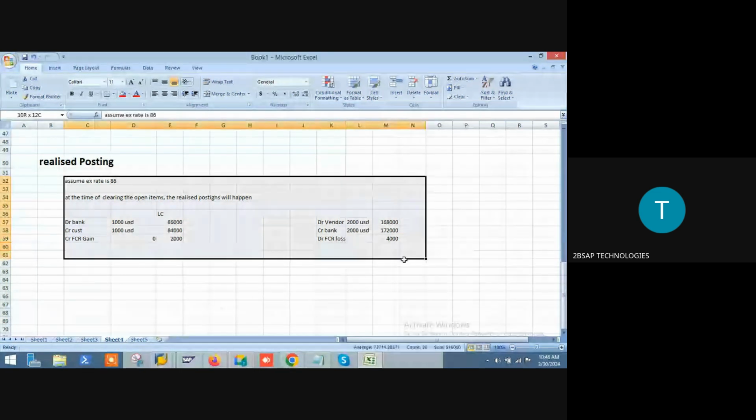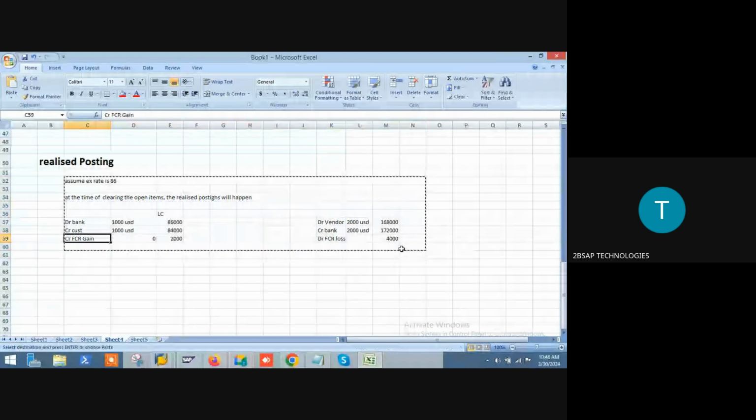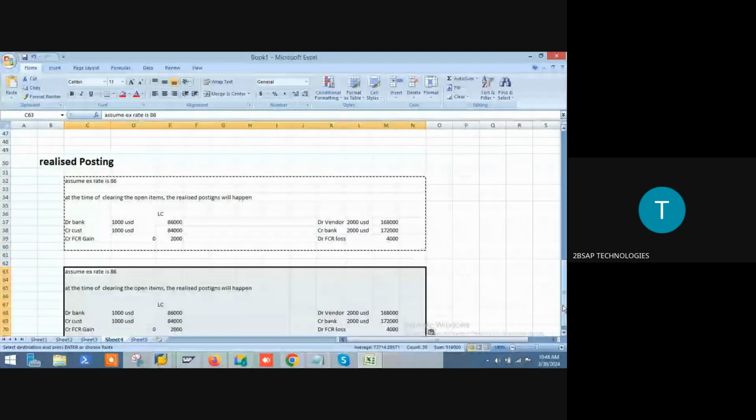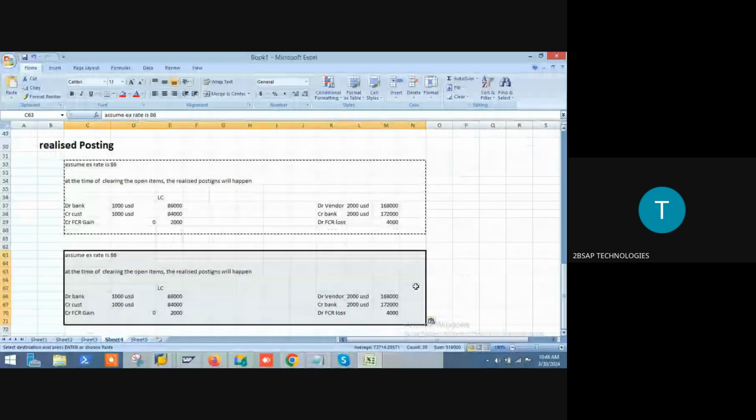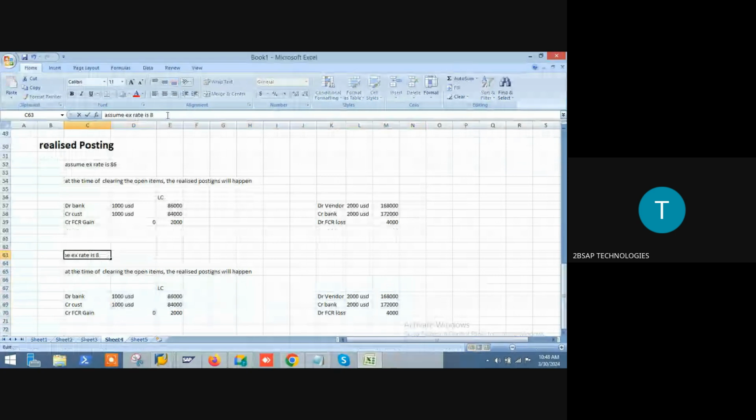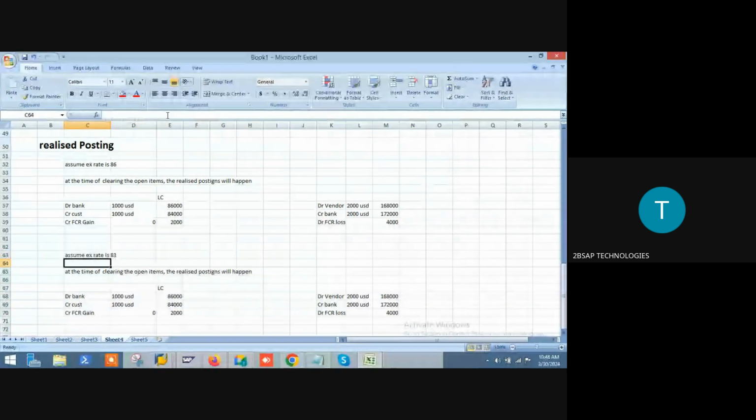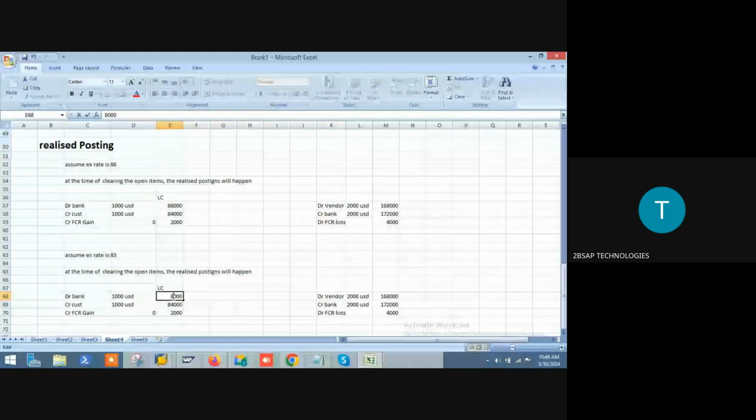Very good, Rastan, sir. You can write. No explanation, but you can write down, sir. Where the case is your exchange rate is less than your invoice time exchange rate. Let us assume it is 83, then here it will update as 83,000. So it is debited.